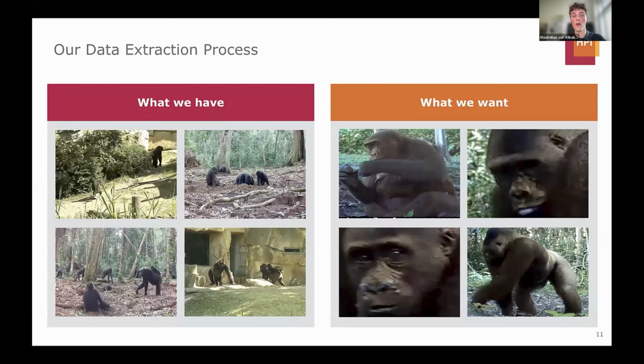But now the question is, how do we actually get from these camera trap videos, which are unstructured, high volume and cluttered, to the actual usable data of clean centered crops of single gorilla images for re-identification? So on the left is what we have, and on the right is what we want and need for our models.